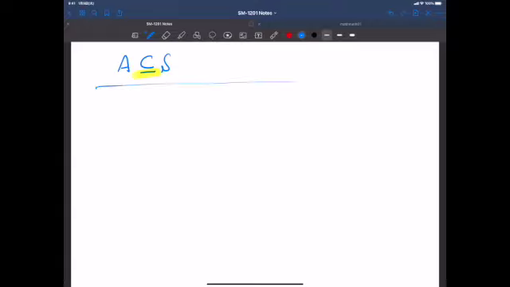So here's one lemma. The relation of subset is transitive.